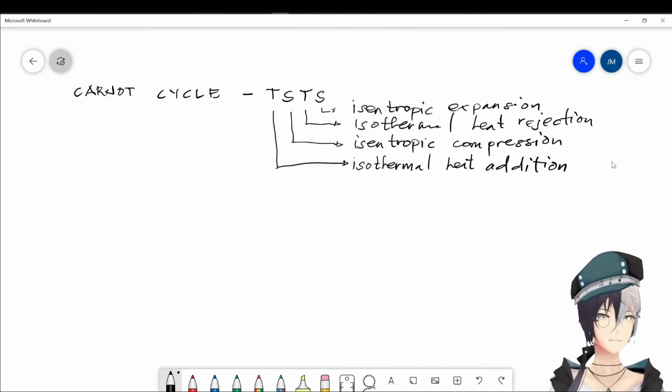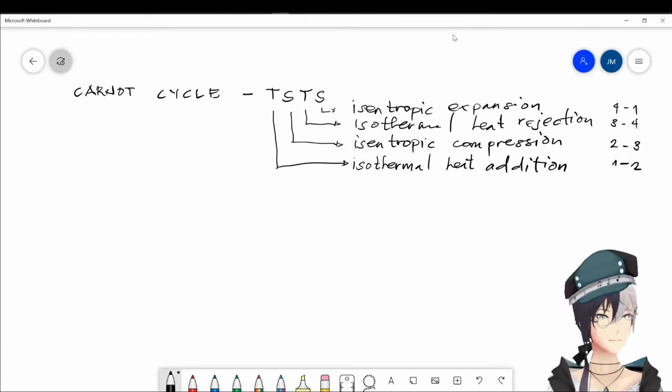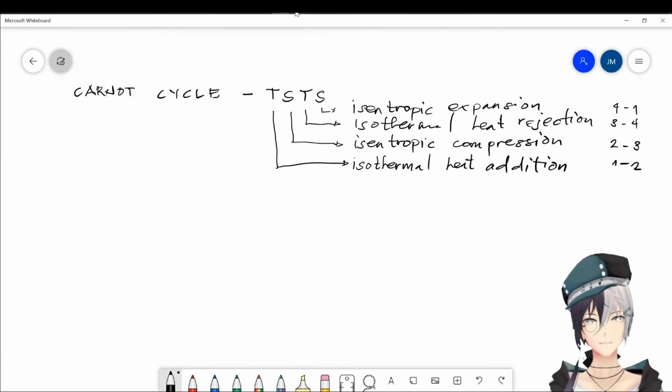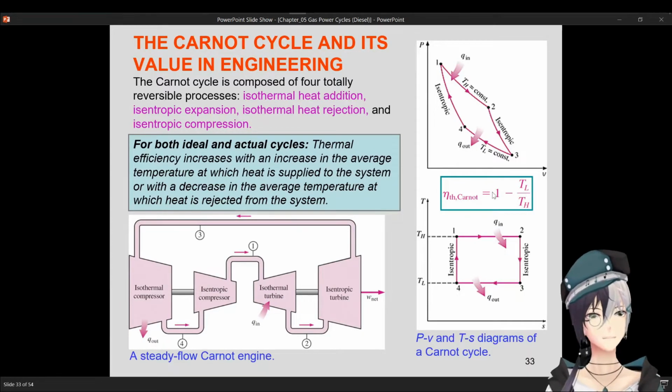So this is process 1 to 2, 2 to 3, 3 to 4, and then 4 to 1.